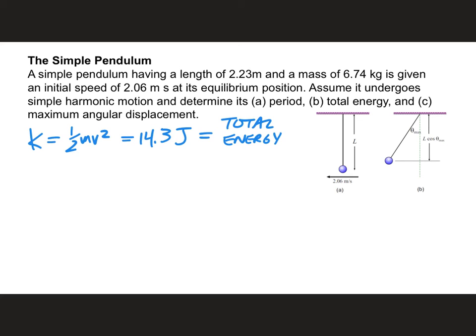So this is our 0 point where it's initially get that speed. Again, not obvious, but true. The maximum Y position is going to be associated with the maximum angular displacement.